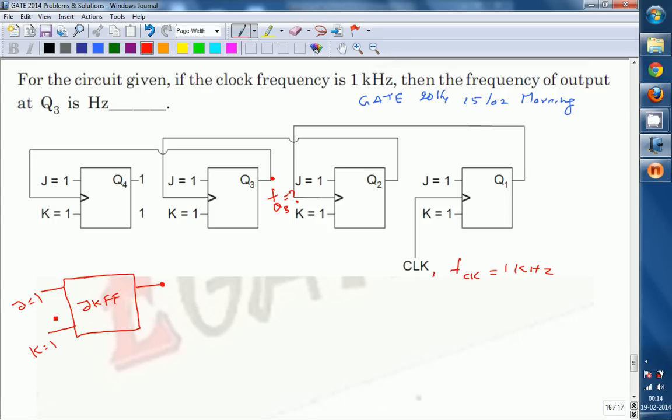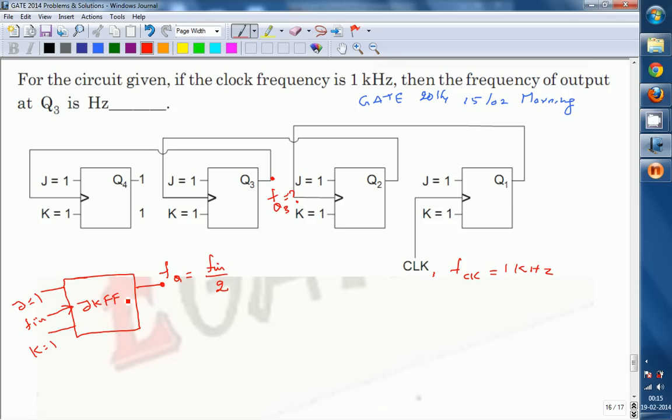Whatever the input clock frequency f in, the output frequency is f in divided by 2. So whatever the input frequency, the output frequency will be half of that.